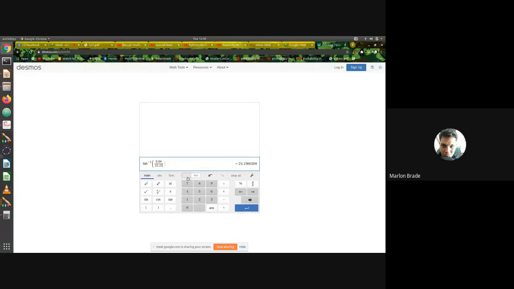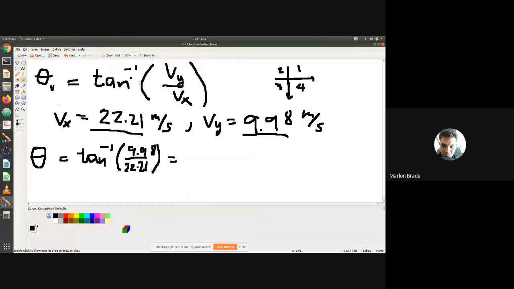So this is 24.2 degrees, which means this is equal to 22.2 degrees.